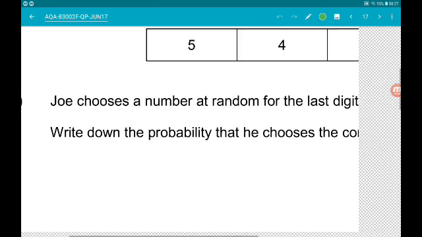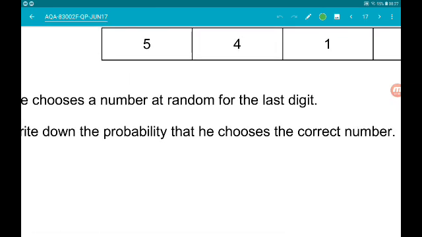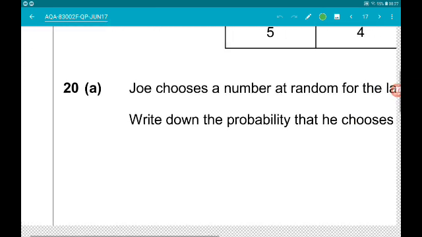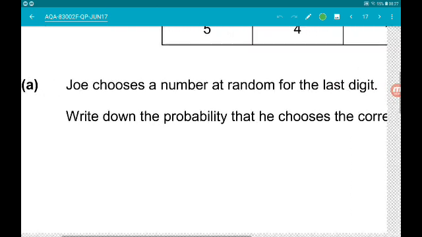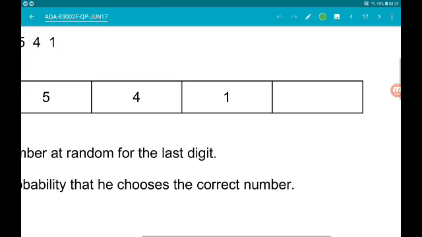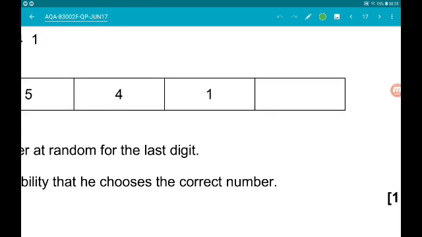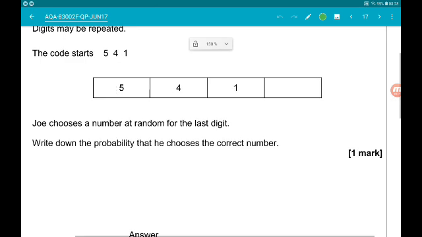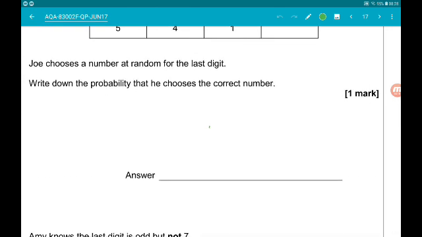Joe chooses a number at random for the last digit. Write down the probability that he chooses the correct number. So, between 0 and 9, there are 10 digits. Only one of those is correct. So, it's 1 out of 10.